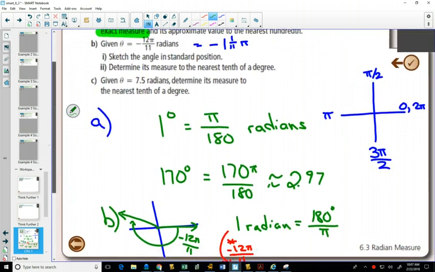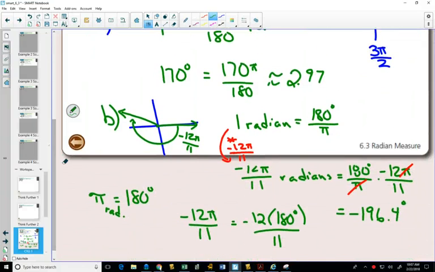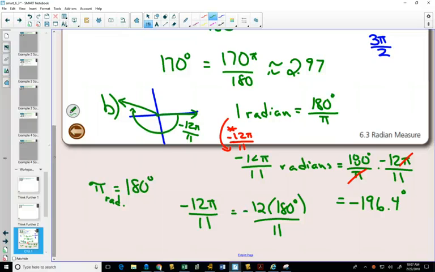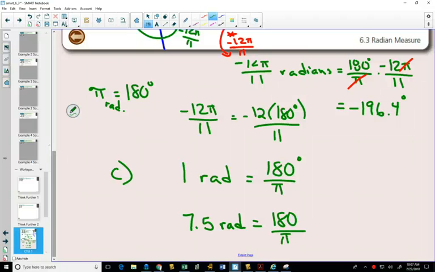Part C, given theta is 7.5 radians, there's no pi in this one. Determine this measure to the nearest tenth of a degree. So again, we know that 1 radian is equal to 180 over pi degrees. So if we wanted to find out what 7.5 radians is, we would have to multiply this side by 7.5.